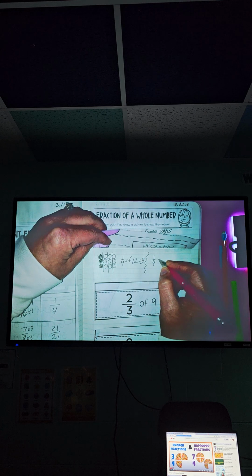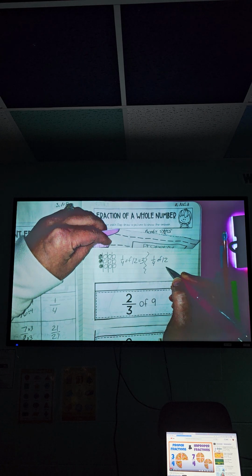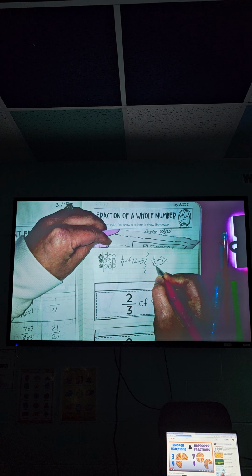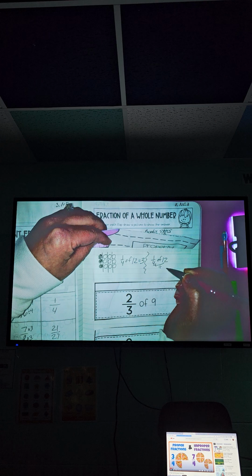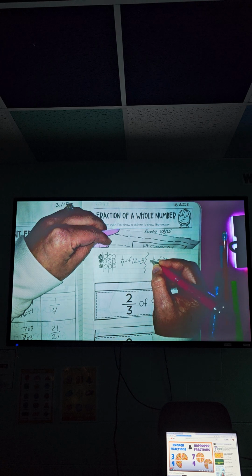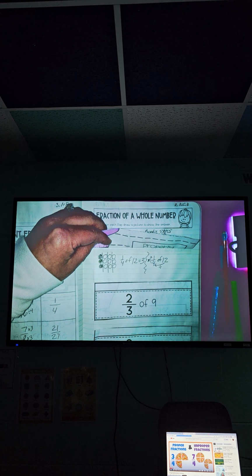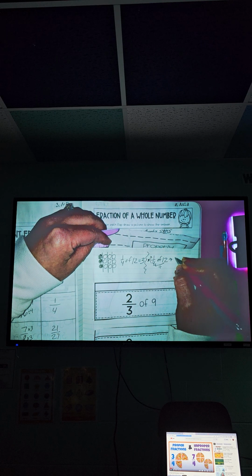So whenever you see something like this, if you go in this order and you divide these two numbers, 12 divided by 4, and then you multiply whatever that answer is by the numerator, you will get the answer. So 12 divided by 4 equals 3. 3 times 1 equals 3.